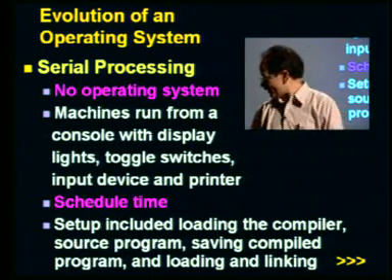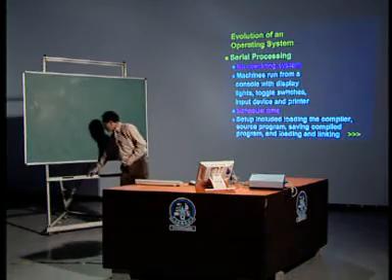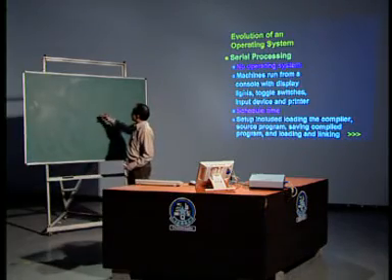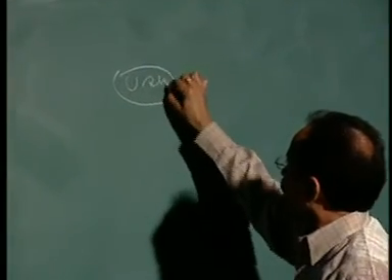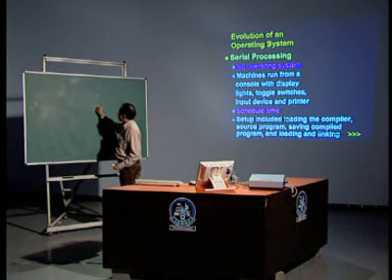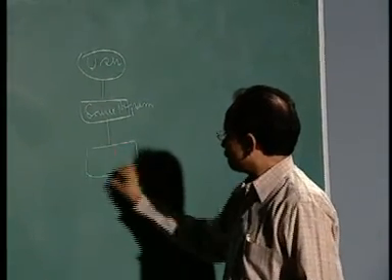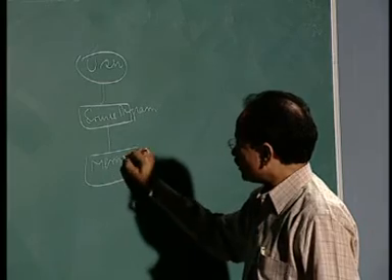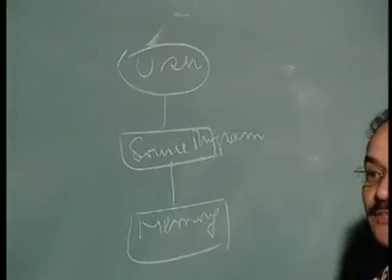What used to happen in that scenario was, the user, the moment there is a source program, will load this source program into the memory. That is, whatever program is there gets loaded into the memory at this stage.